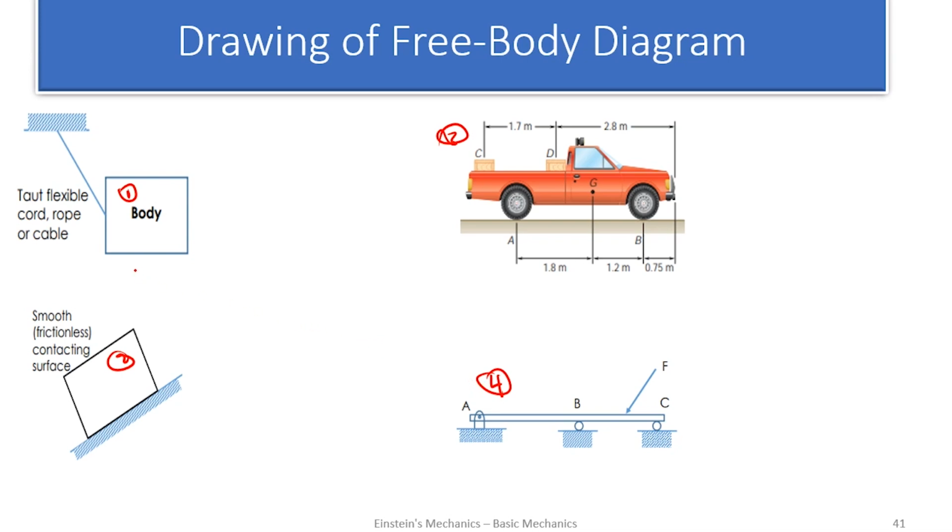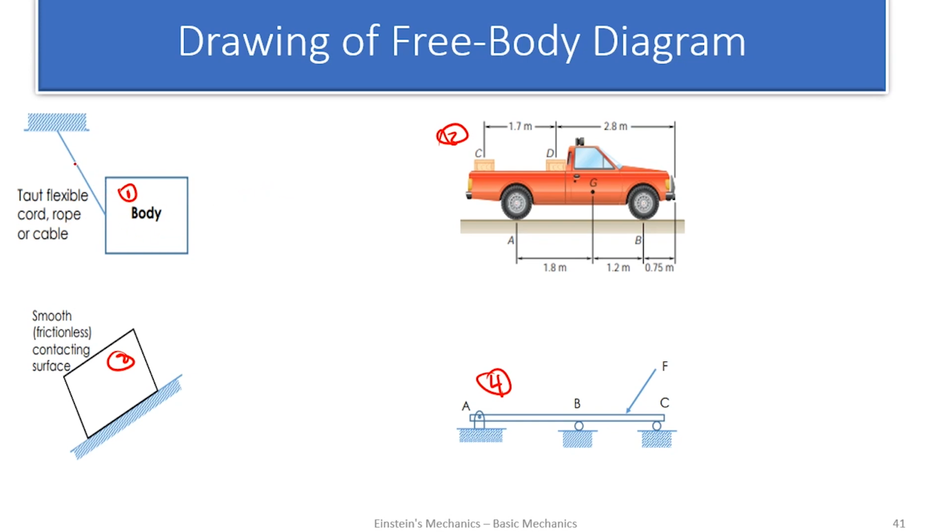If I want to represent this, the free body diagram of this, how would I represent it? Remember, this one has no reaction anywhere, but it has weight and there's a support also here. There's a taut flexible cord or a rope tied to it. So I can just draw the free body diagram this way.